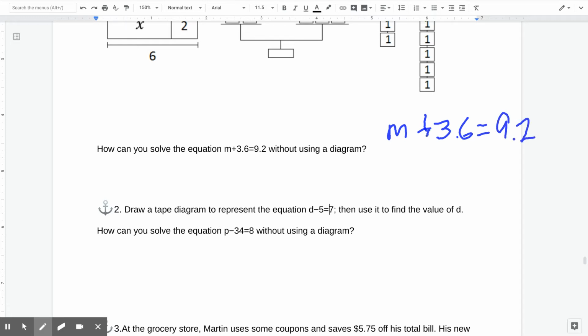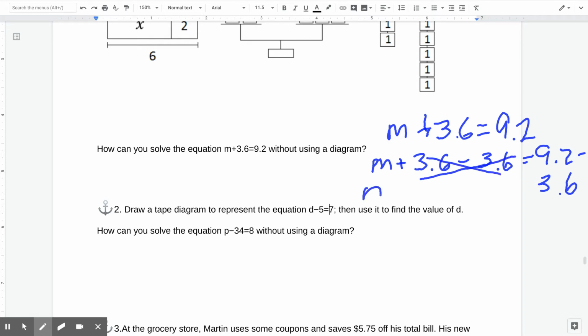So I have m plus 3 and 6/10 equals 9 and 2/10. I'm going to subtract 3 and 6/10 from each side. So now that's going to give me, I'm going to get rid of that bit.